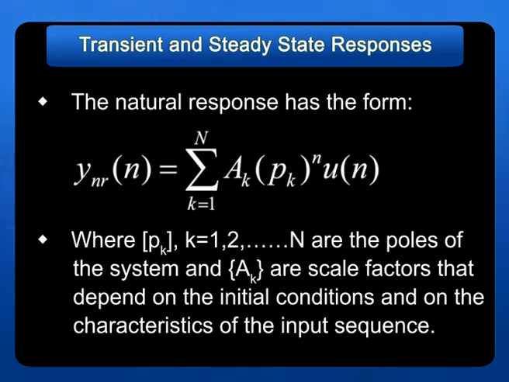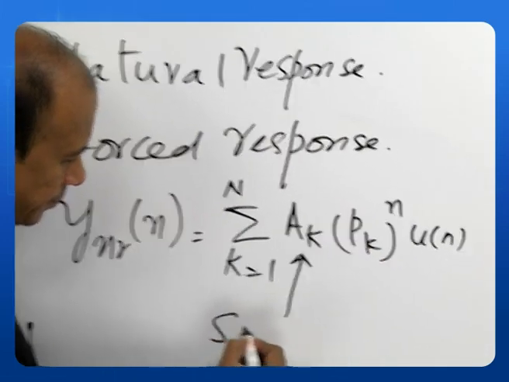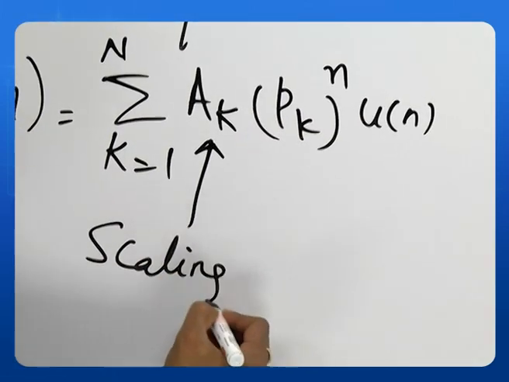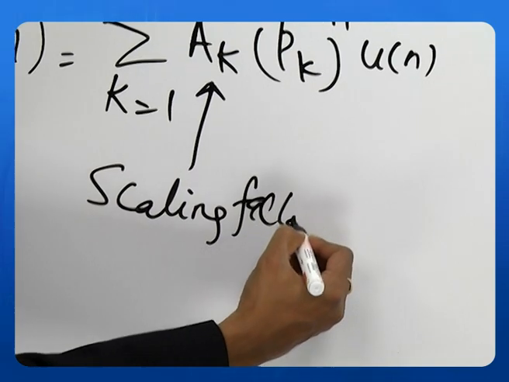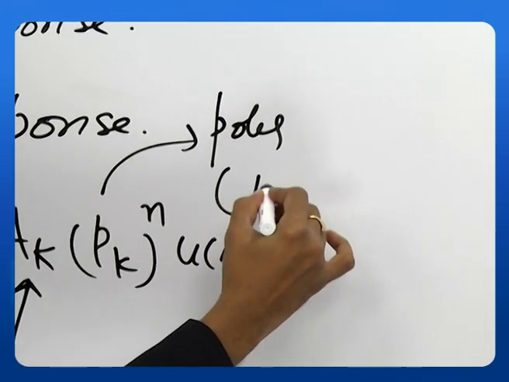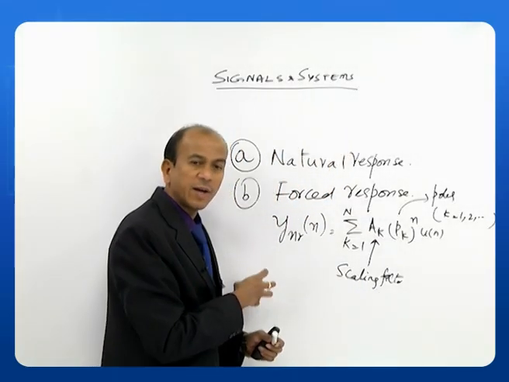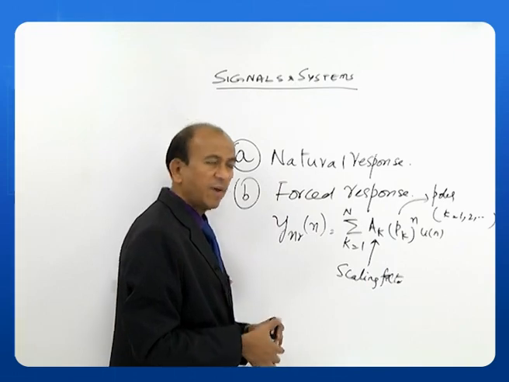So here p denotes the poles present, where k can be equal to 1, 2 up to N, and a_k is a scale factor that depends on initial conditions and characteristic of the input sequence. This is the scaling factor, and these are the poles, where k is equal to 1, 2, and so on. So this is how we get the natural response of a system.